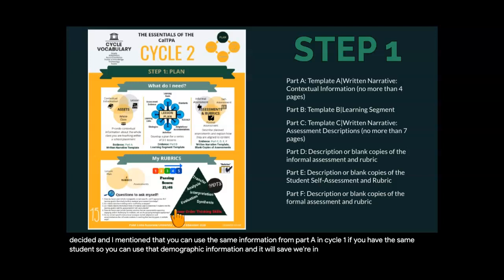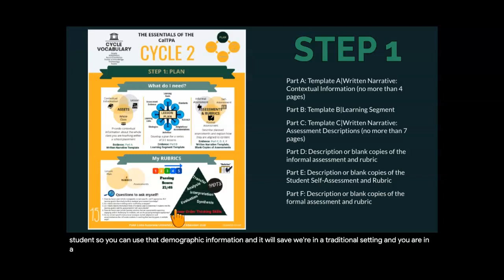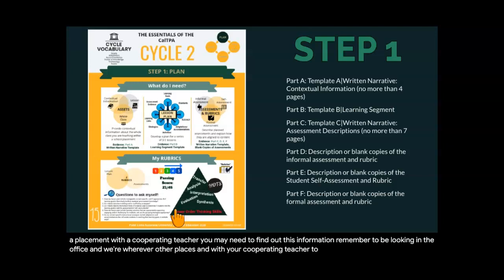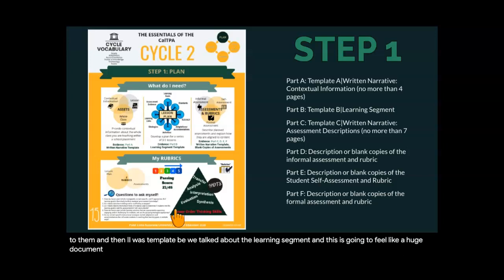If you are in a traditional setting and you are in a placement with a cooperating teacher, you may need to find out this information. Remember to be looking in the office and wherever other places and with your cooperating teacher to gather this information. All right, talk to them. And then the second was template B. We talked about the learning segment, and this is going to feel like a huge document because you're planning 3 to 4 lessons.